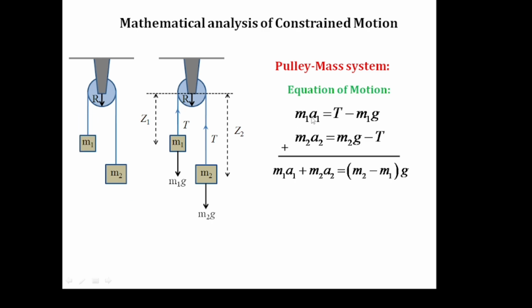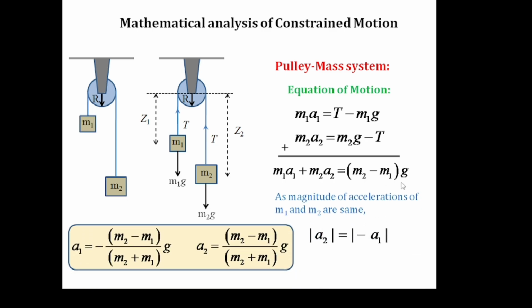So M1A1 is equal to T minus M1G, and M2A2 is acting in the downward direction, so M2A2 is equal to M2G minus T. So if we add these two equations, we get M1A1 plus M2A2 is equal to M2 minus M1 into G. And we know that the accelerations of M1 and M2 are equal and opposite. From this we can get the acceleration of the M1 and M2 blocks.